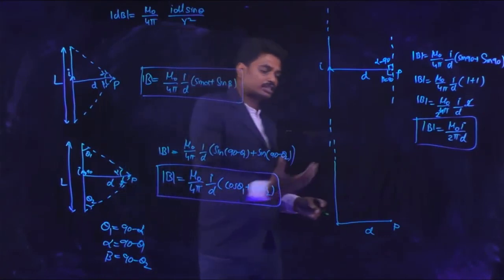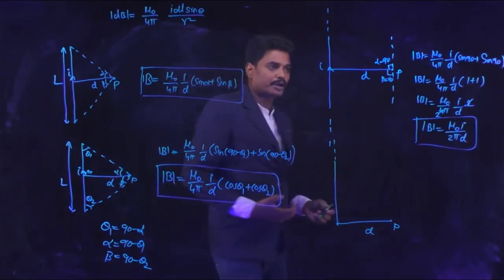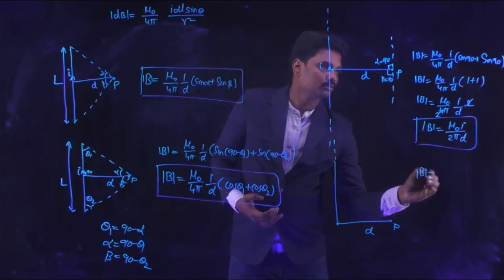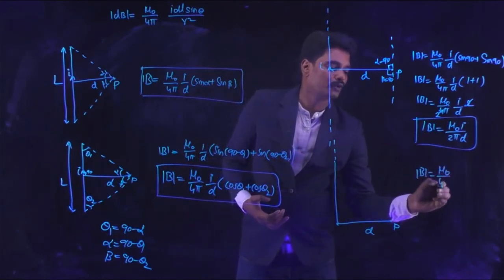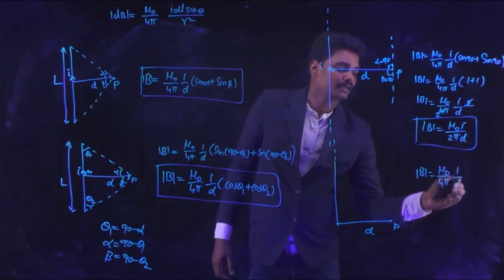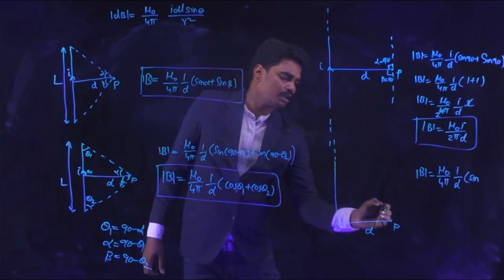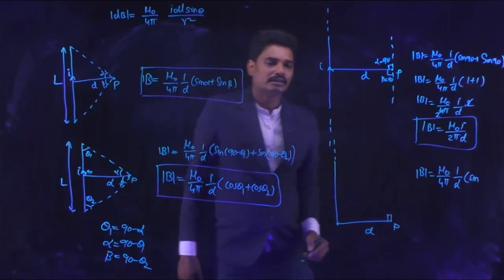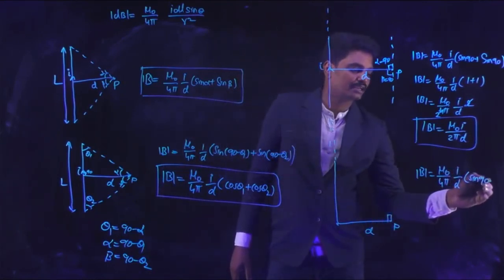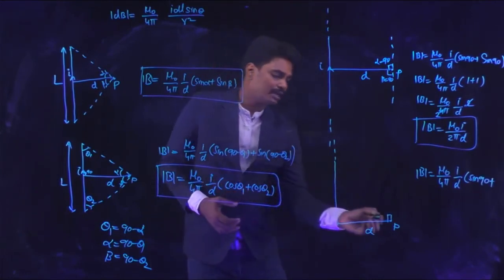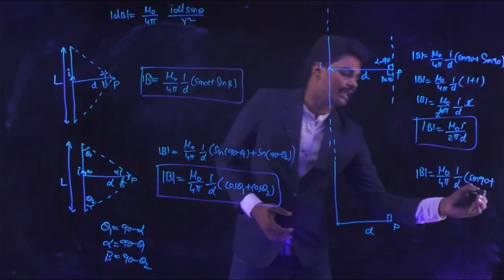Then the strength of the magnetic field at this point P is given by mod B equal to mu naught by 4 pi I by d into sin alpha plus sin beta. As it is infinitely long, alpha is 90 degrees, and beta, as it is only downwards, makes an angle of 0.